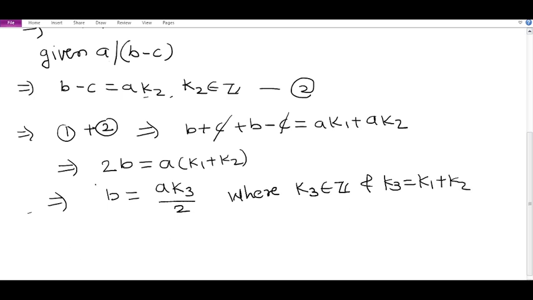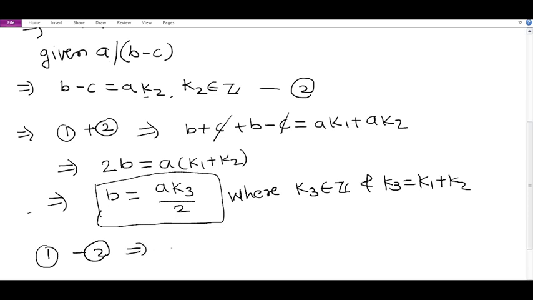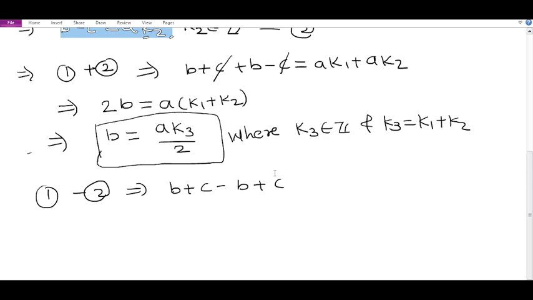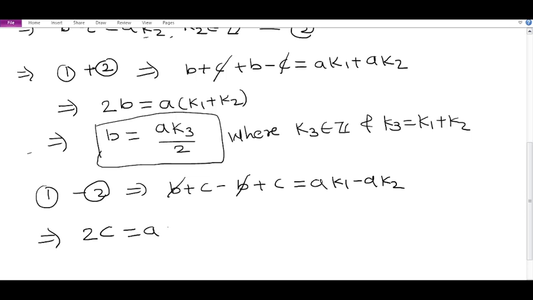Similarly, if you do 1 minus 2, then b plus c minus b minus c. So b plus c minus b plus c is equal to a k1 minus a k2. Here b will get cancelled, and twice c is equal to a times k1 minus k2.